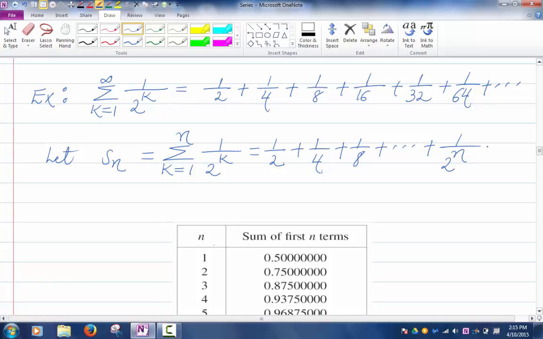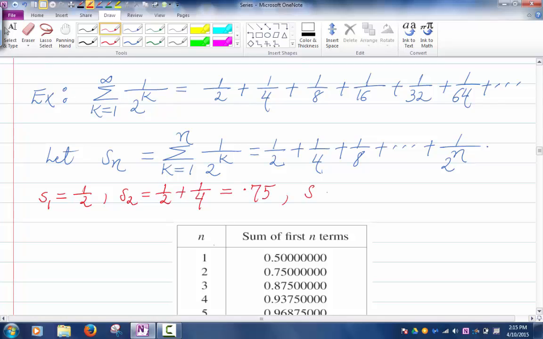Now, can someone tell me what is S1? S1 is just half. What is S2? Half plus 1/4, the sum of the first two terms, which is equal to 0.75, right?